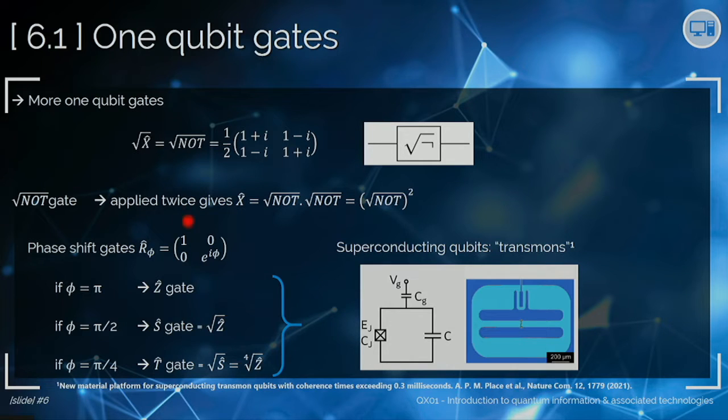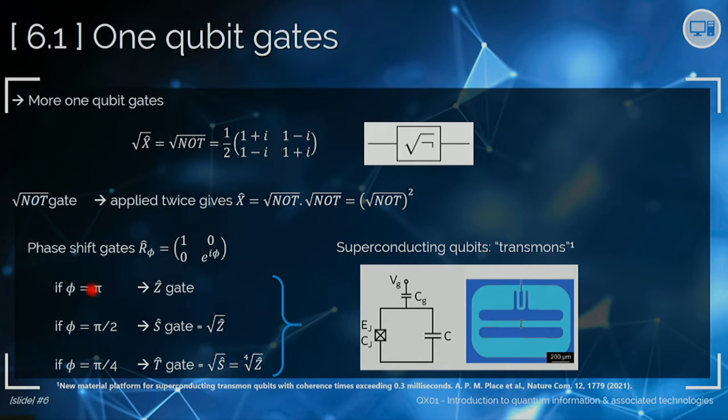So when we apply it twice, we get the X gate. We have also a more general gate than the Pauli matrix gates, which is the phase shift gate, most usually written R phi, which is something like this, where we can change phi depending on the system that we have.